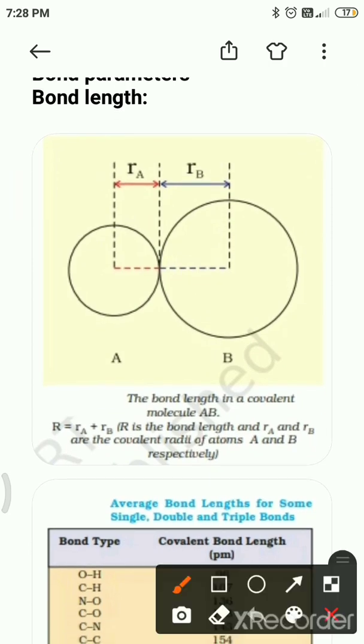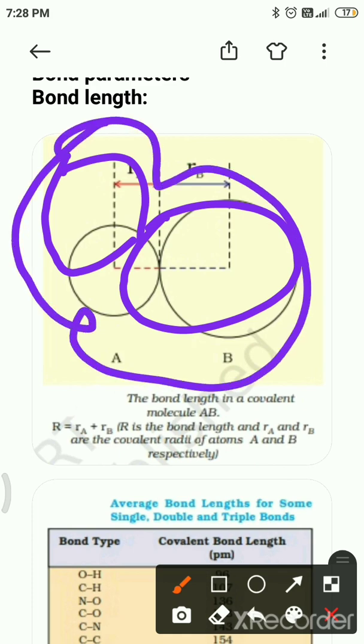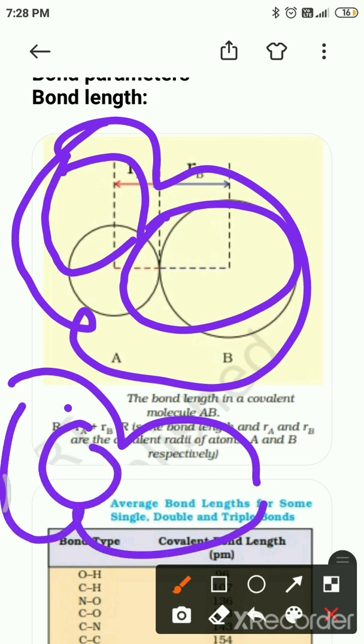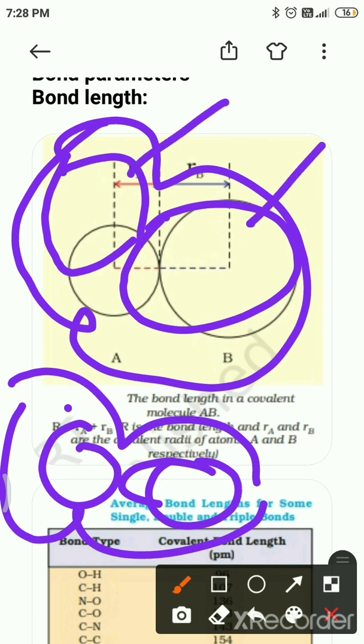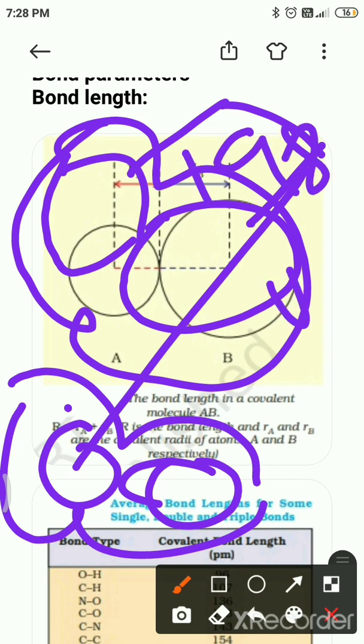We can show the covalent radius like this. This is the outer cover, and again it comes with more atoms. From this to this is around 198 picometer.